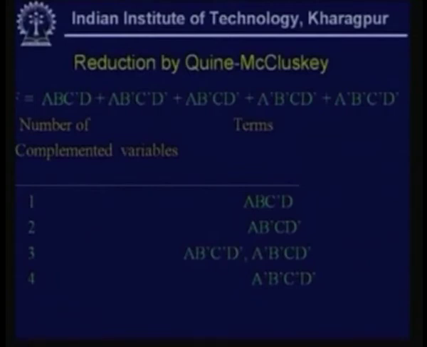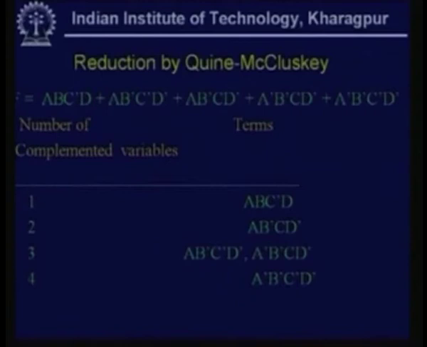If the number of complemented variables is 3, then there are 2 terms, a b dash c dash d dash and a dash b dash c d dash. If the number of complemented variables is 4, I have only one term, a dash b dash c dash d dash.